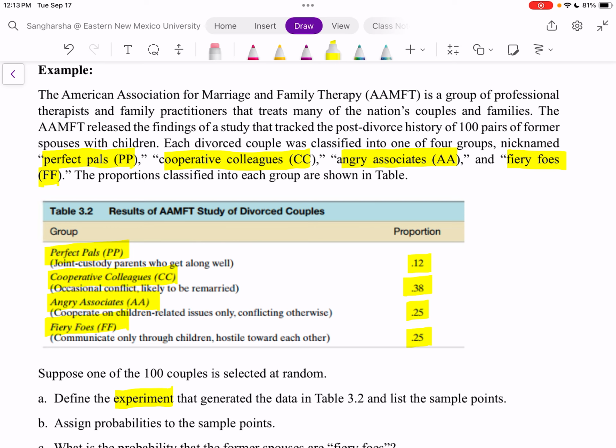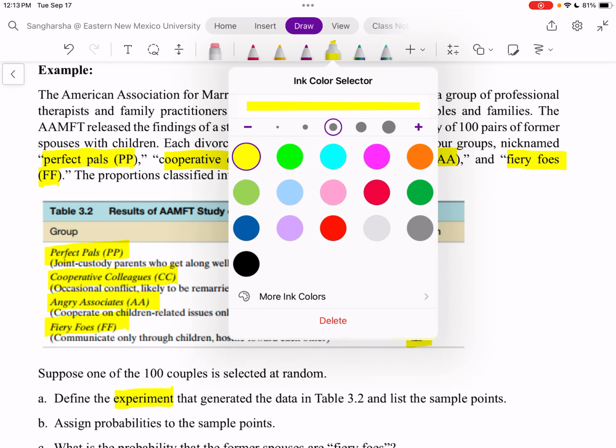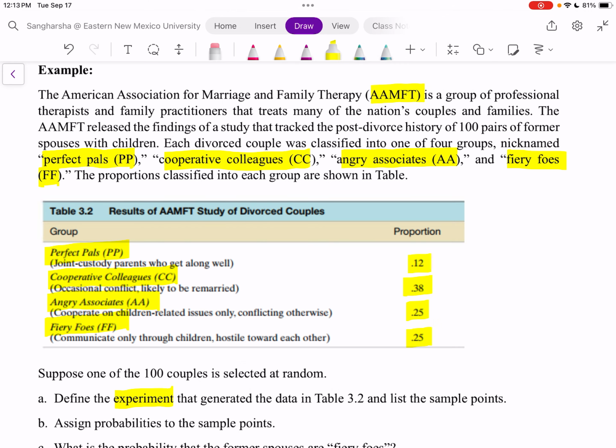What this AAMFT did is release the findings of a study that tracked the post-divorce history of 100 pairs of former spouses with children. Each divorced couple was classified into one of 4 groups. So what do you think? What is the experiment here?